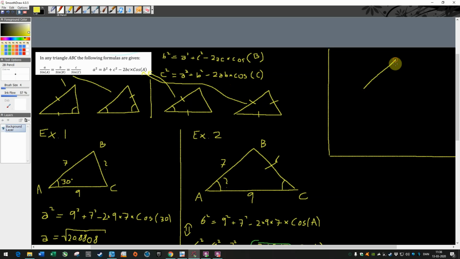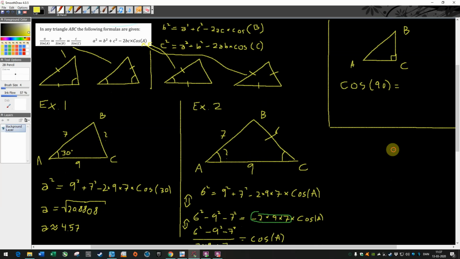So let's say you have a right angled triangle. Let's call it ABC. So C is the hypotenuse. If the angle C is right, like it is over here, this value will say cosine of 90. And what is cosine of 90? Remember the unit circle?